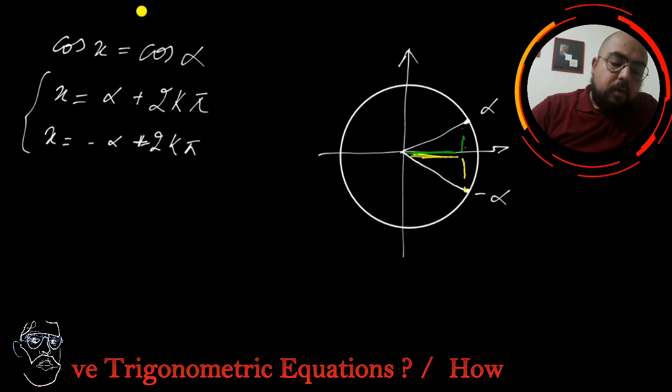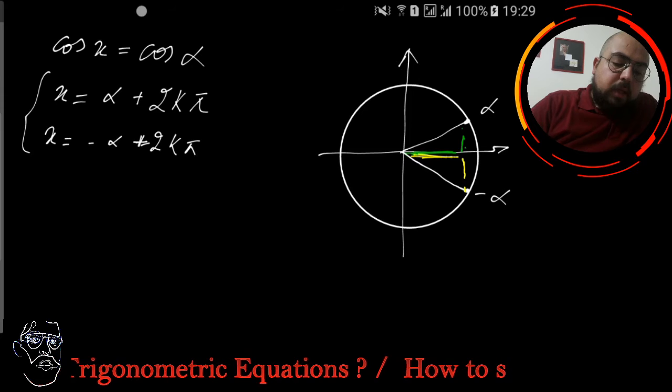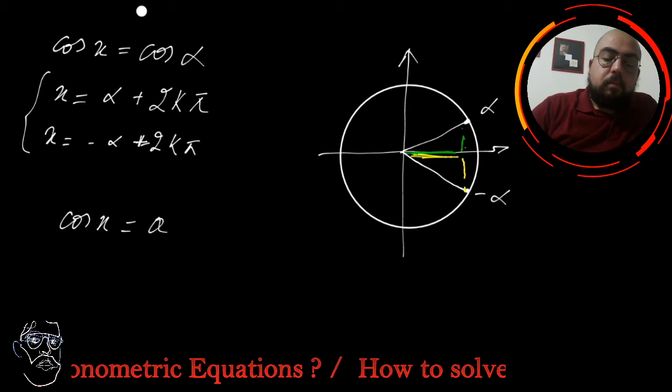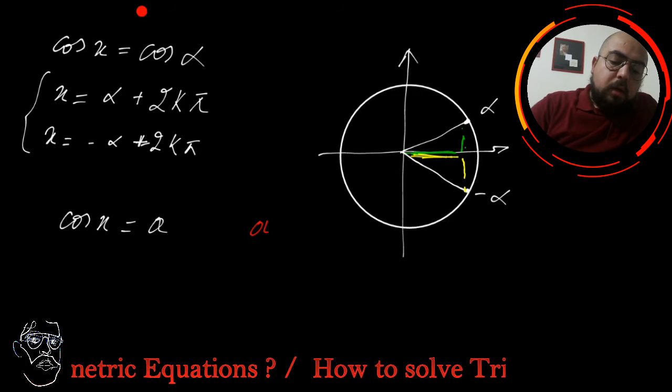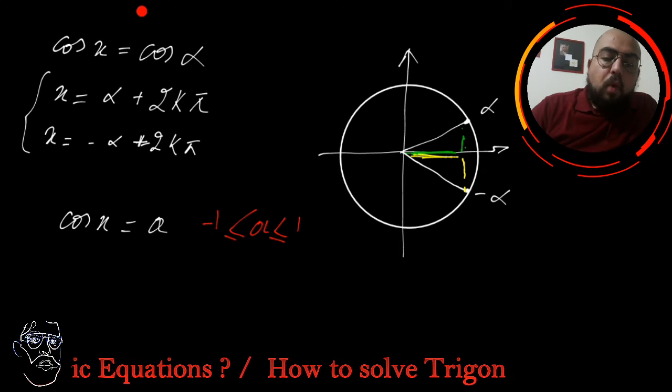Again, we can have the general form also. Let's say it was cosine x is equal to a. You have to pay attention once again that a should take any value between -1 and 1. Why?